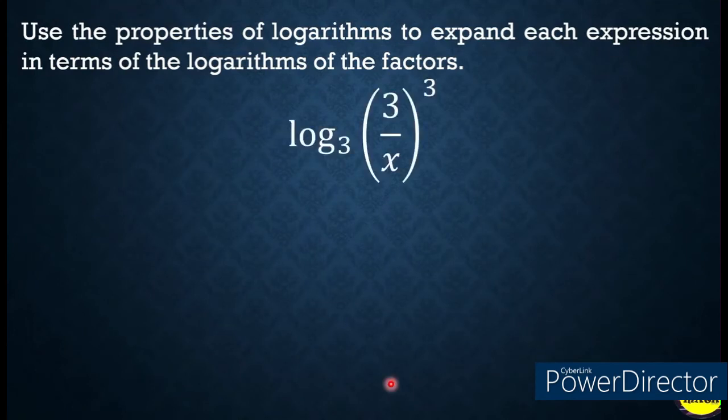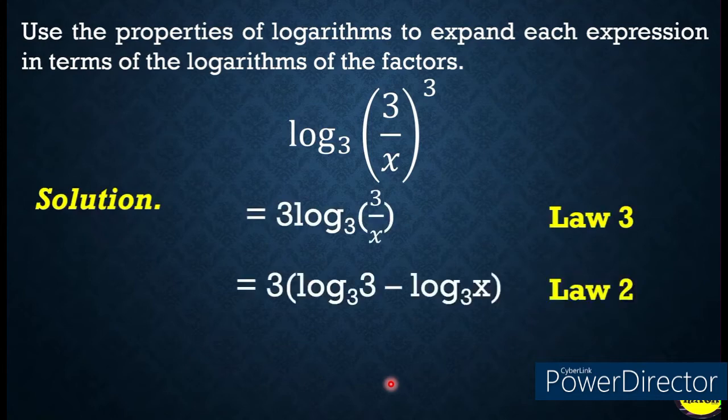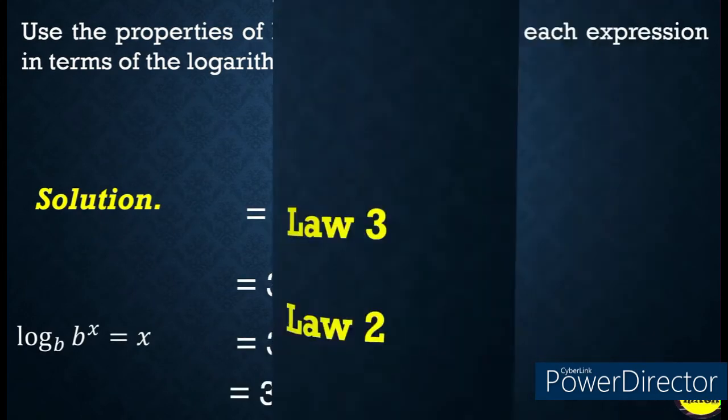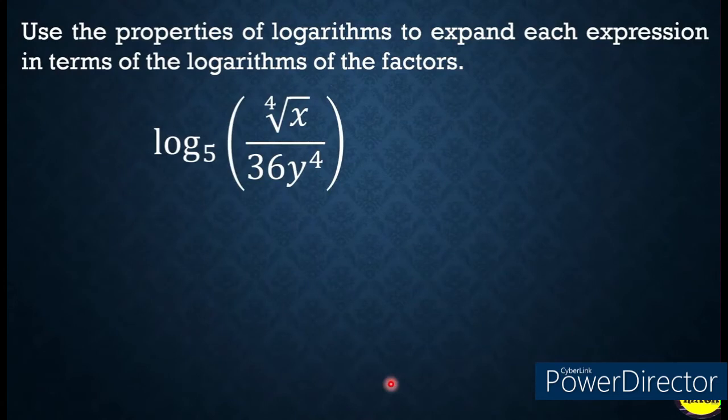Another. So, we have, okay, so ito rin yung kanina. Next, proceed tayo sa next example. Okay, log of the quantity 4th root of x over 36y to the 4th power.